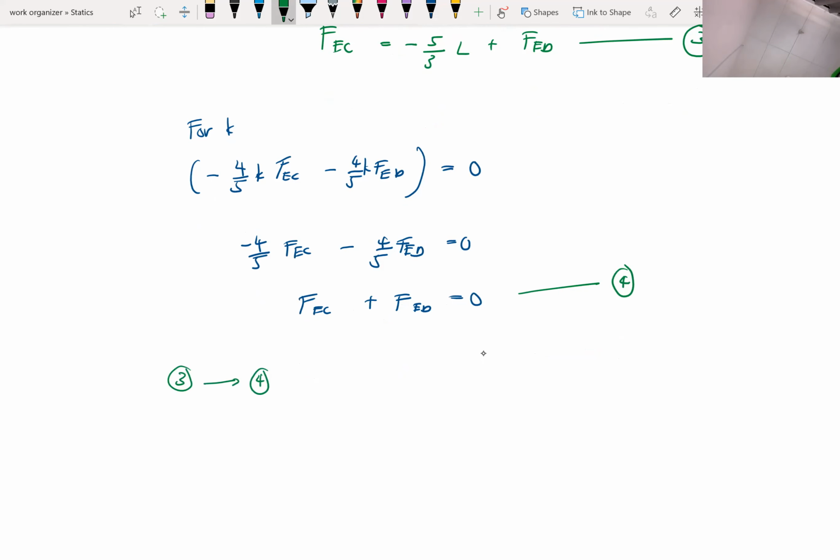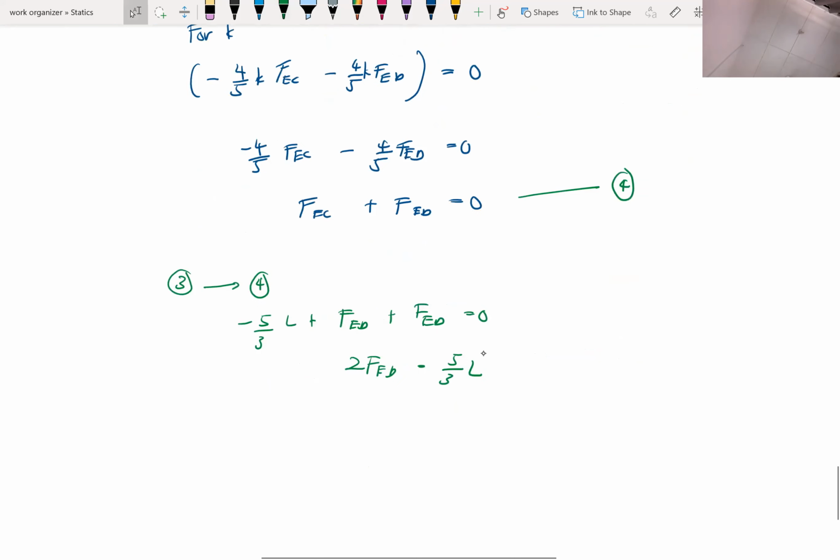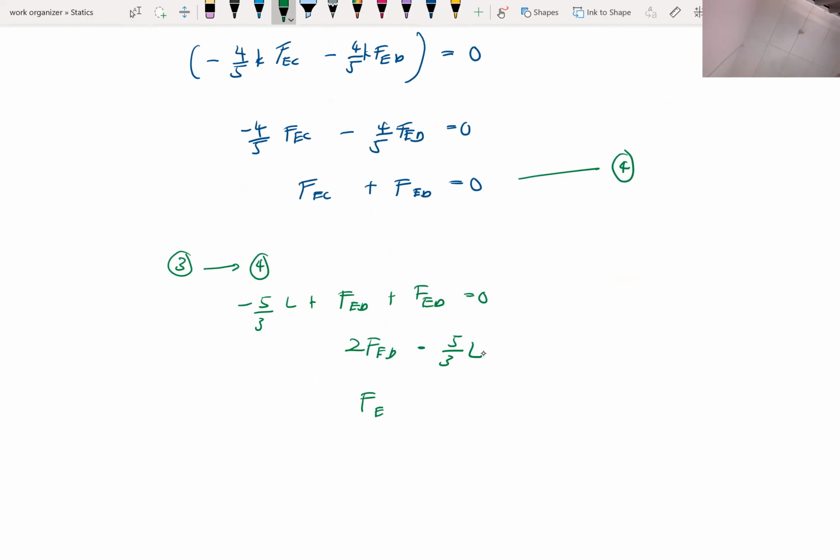So negative 5 over 3 L plus FED plus FED equal to 0. So 2 FED equal to 5 over 3 L, so FED is equal to 5 over 6 L.